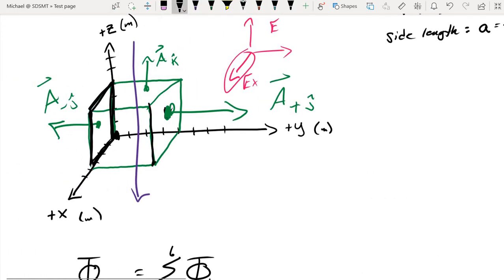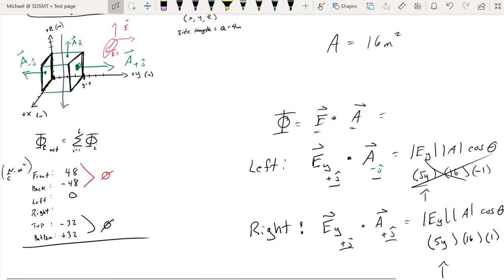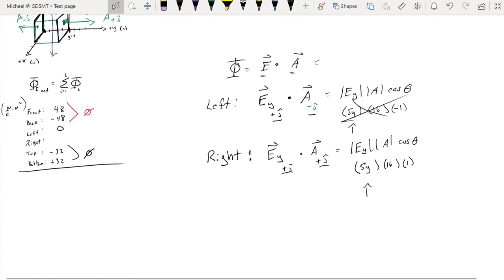Now, the right face is situated at a location where the value of y is equal to 4. Remember, each side of the cube was length of 4, so now the right face is sitting at a value of y equals 4. If we plug that in, 5 times 4 makes 20, times 16 times 1.